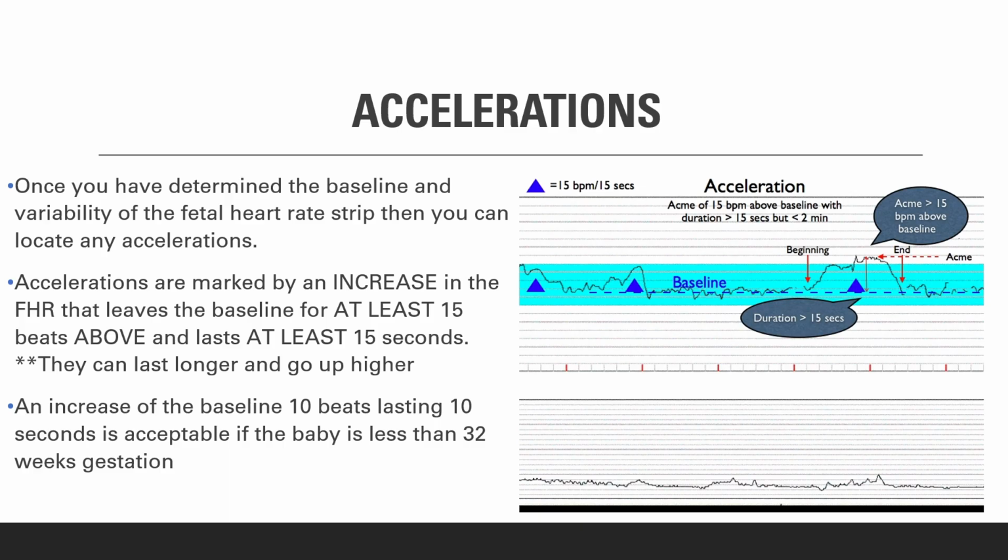If you actually measure this, the baseline is 110 and it's going all the way to 170, the acme, which is the top of the actual tracing, meets its criteria of 15 beats per minute. So that's a difference of 60 beats per minute, right? And then, looking from beginning to end, that's greater than 15 seconds, obviously. It looks like it's about a minute and a half or so.